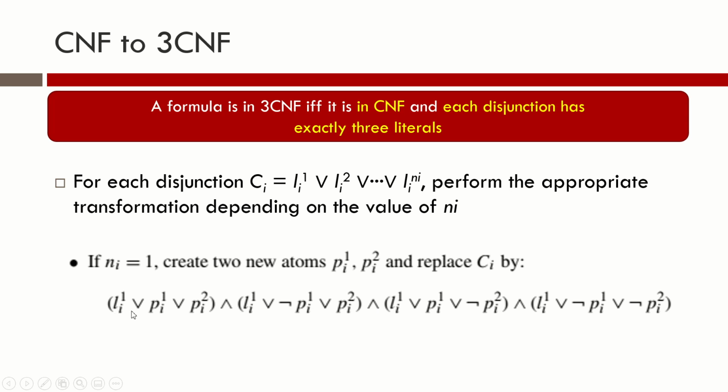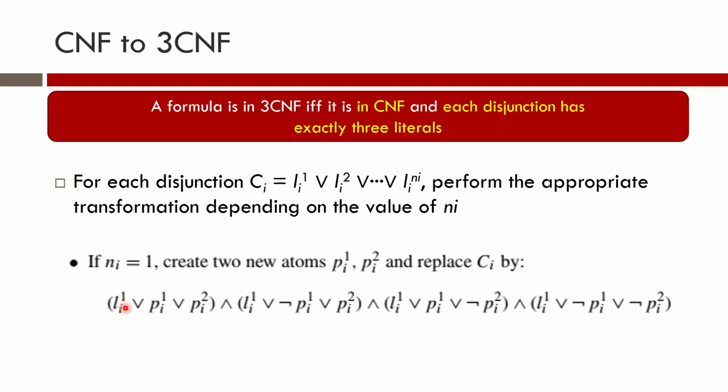Now what if Li1 is false? Depending on the values of Pi1 and Pi2, the value of a disjunction will be either true or false, and since Li1 is false, the truth value of the entire formula should be false. So we will see that.